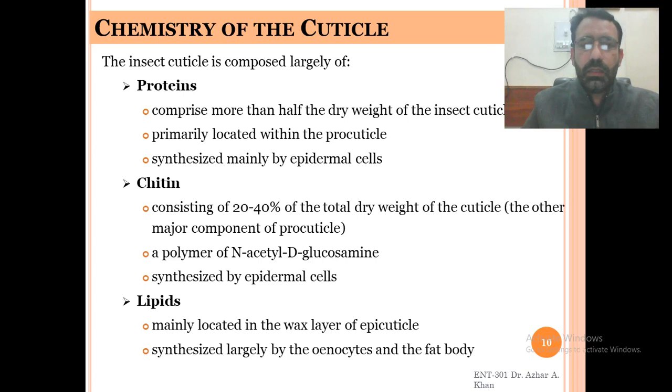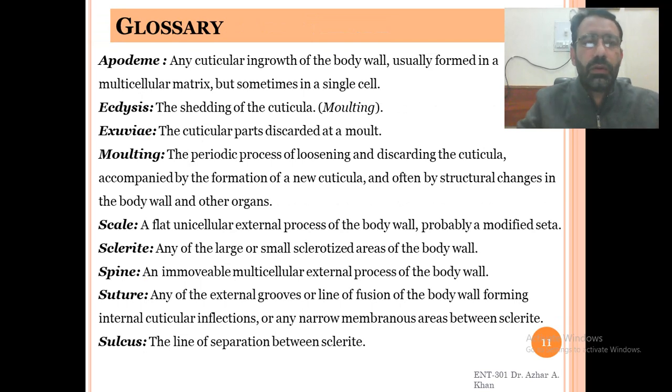It is the other major component of cuticle, a polymer of N-acetyl-D-glucosamine, and is synthesized by epidermal cells as proteins are. Then lipids. Lipids are mainly located in the base layer of epicuticle, and are synthesized largely by the oenocytes and the fat bodies present in the insect.